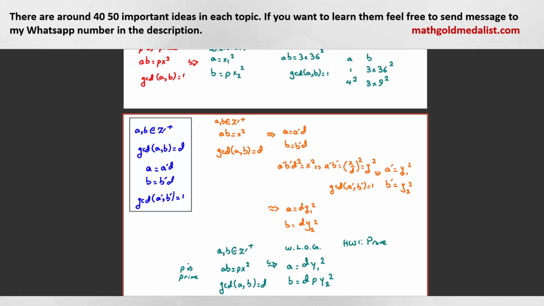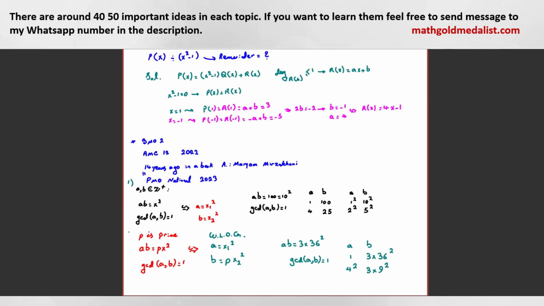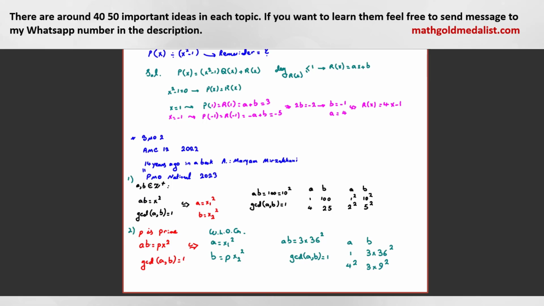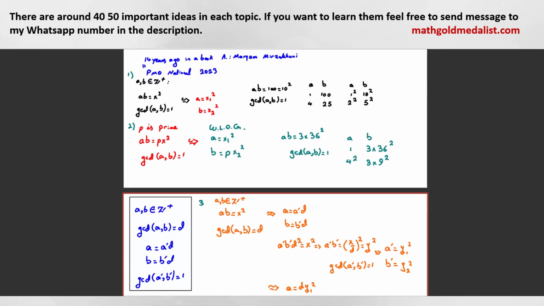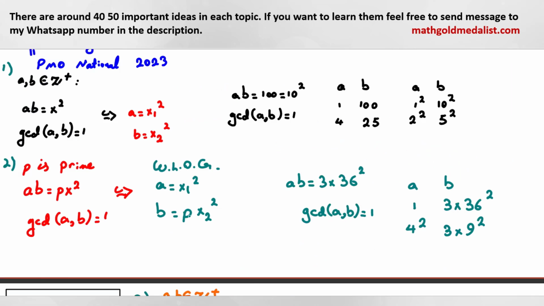Okay, now I told you all four parts. We can consider this one case one, this one was case two, this one case three, when the GCD is d, this one is case four. Okay, let's start.